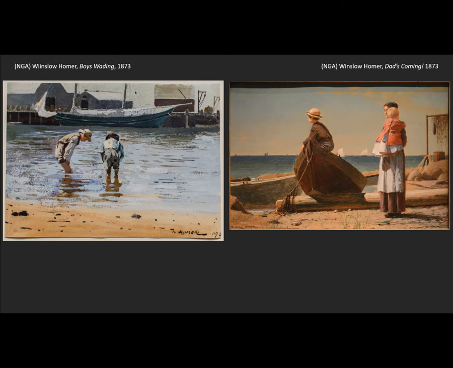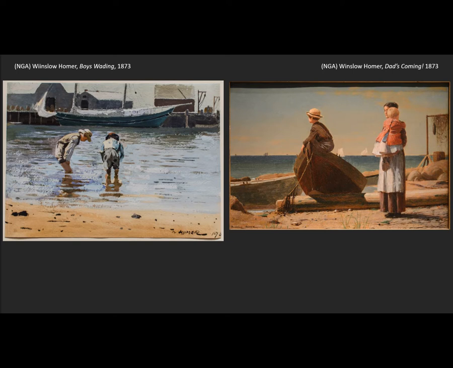But he also uses these sketches and manipulates them into completed pictures. Now, Dad's Coming on the right is a pretty small picture. The dimensions are like 9 by 14 inches, so it's not much bigger than your notebook, right? A smallish image.